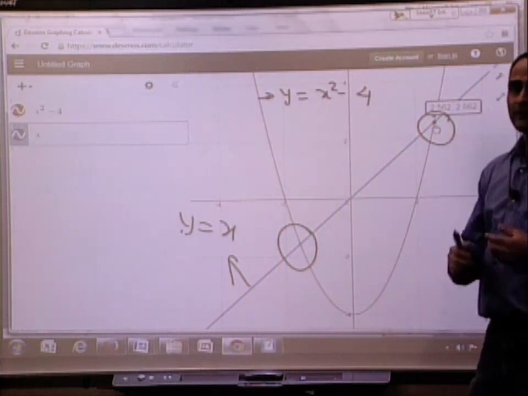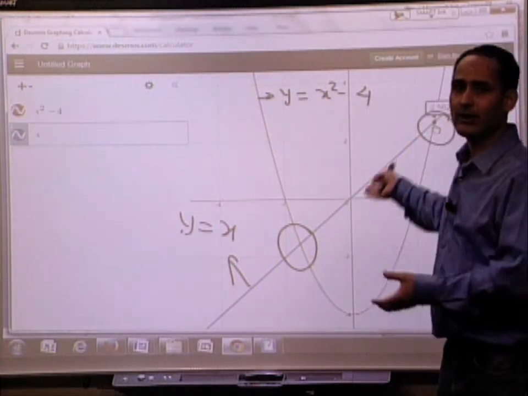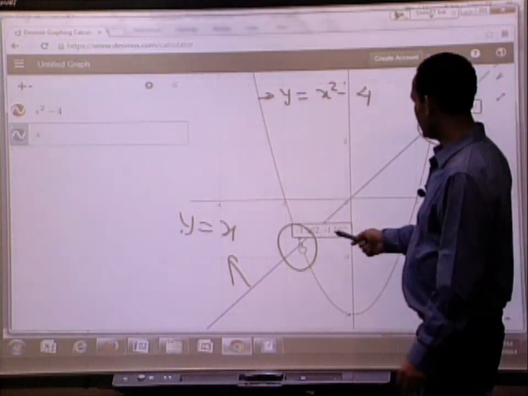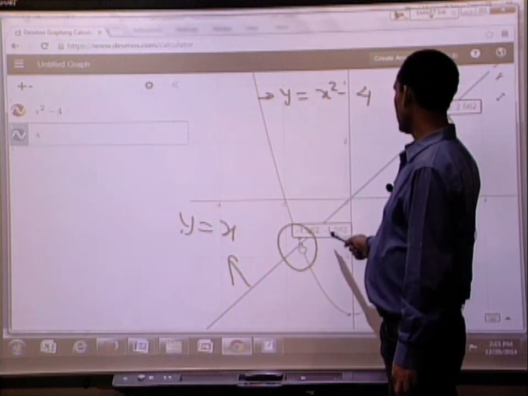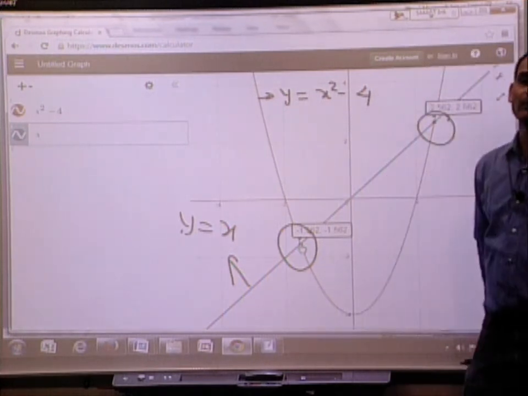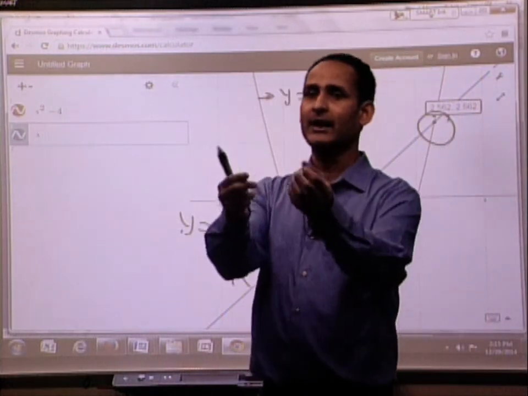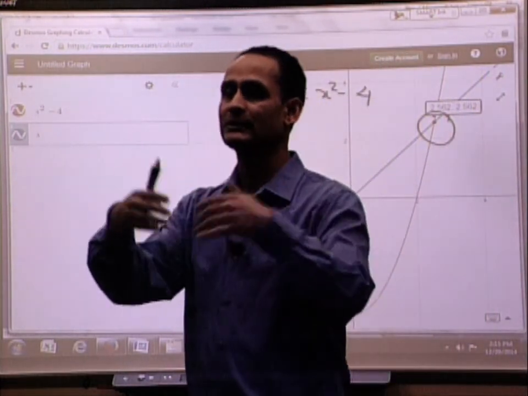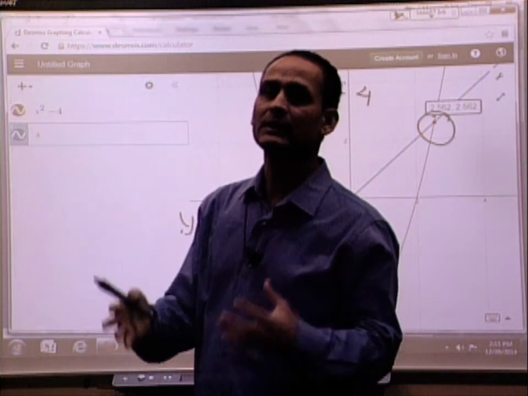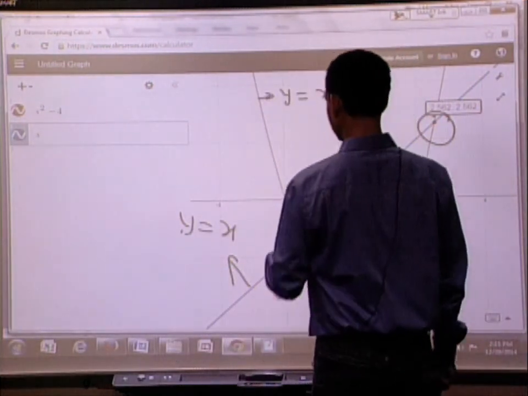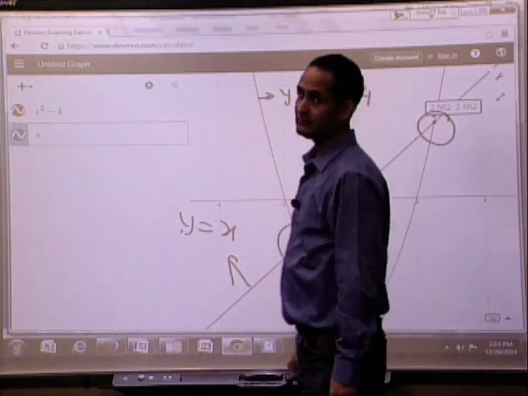So for one point of intersection, I can notice the x value and y value from the graphing calculator, and similarly for the other point of intersection the x value is negative 1.562 and the y value is negative 1.562 as well. So we can use the graphing calculator, graph two equations and notice the points of intersection. Thank you.